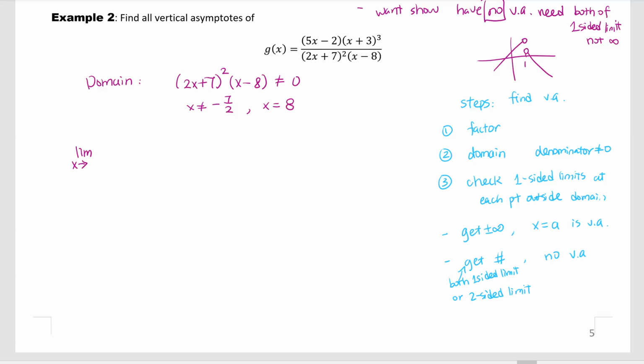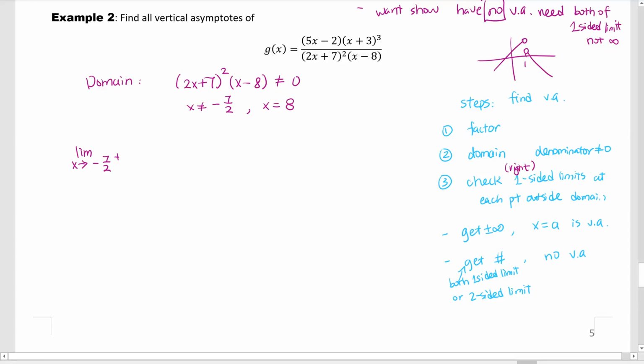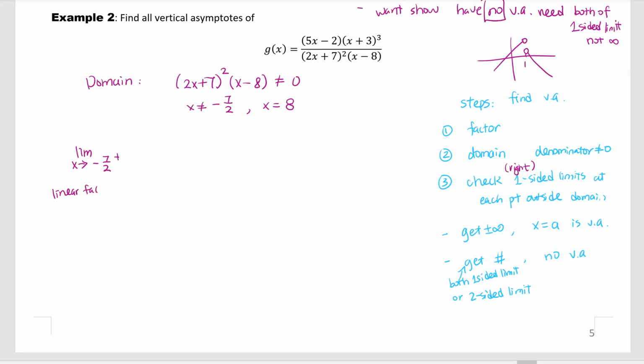Let's see. And I strongly suggest that when you compute the one-sided limits, compute the right-sided limits, because if you compute the right-sided limits, all your linear factors x minus a will go to 0 plus.